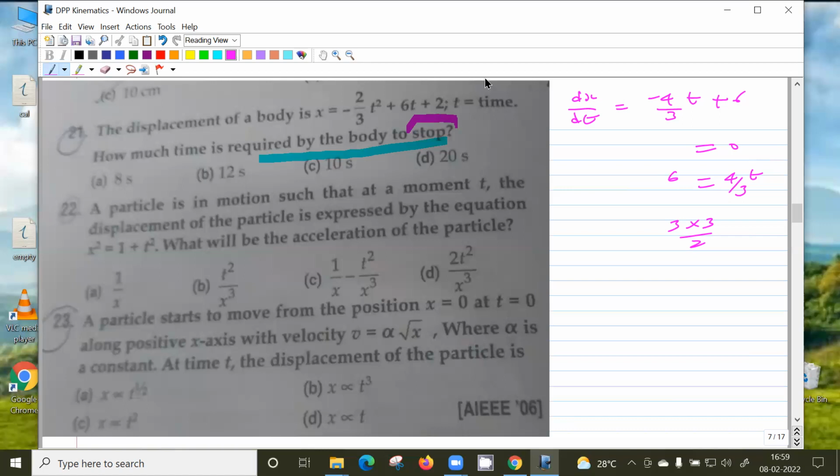Okay, leave it. A particle is in motion so that at moment t, the displacement of the particle is expressed by the equation. So very simple. You have to differentiate this twice to find d square x by dt square. I got different answers, sir.